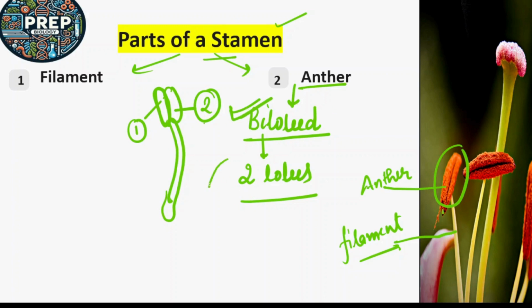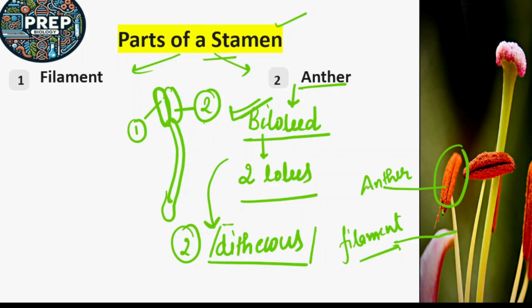And the second term, which is very important: in angiosperms, the anther is dithecous in nature. Dithecous means having two thecae. Understand it carefully. This is one lobe and this is the second lobe.